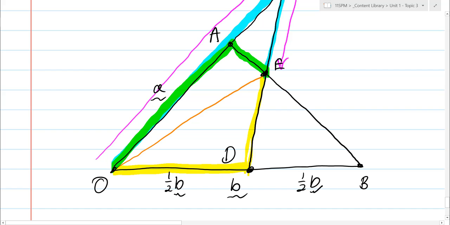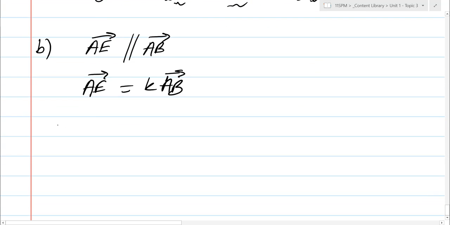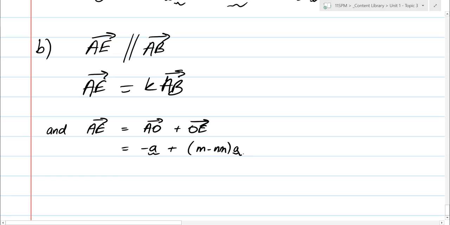So I'm going to determine my AE, and AE is equal to AO plus OE, which is equal to negative A plus all that stuff earlier, M minus NMA minus a half NB.